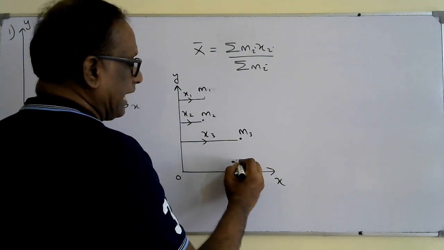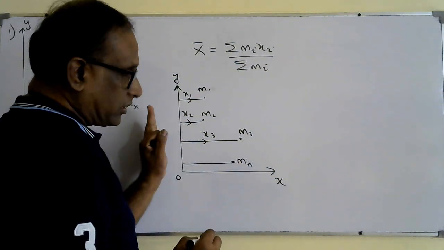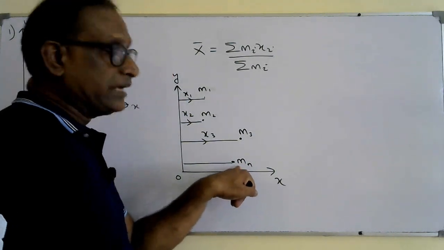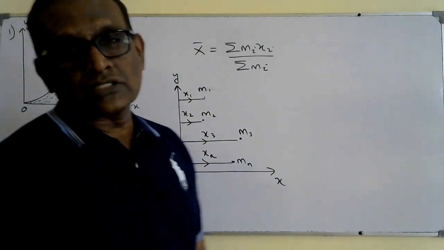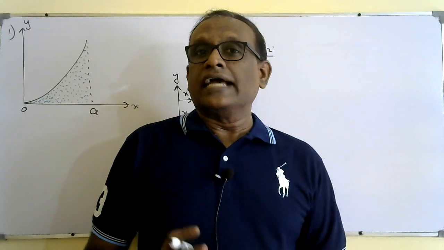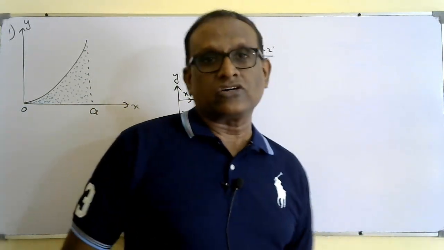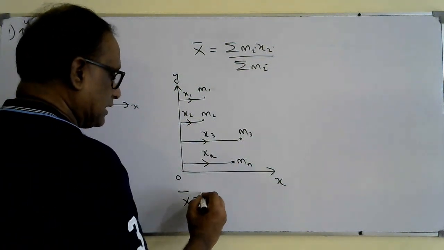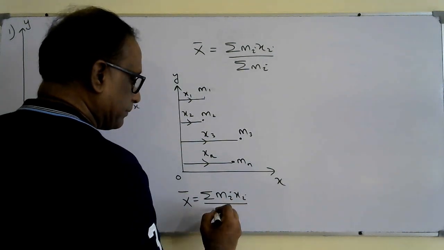Now there could be an nth particle, whose x coordinate of the center of mass is xn. Now the center of mass of this system of particles from the y-axis, or I can say the x coordinate of the center of mass of the system of particles, is given by x bar equals sigma mi xi over sigma mi.